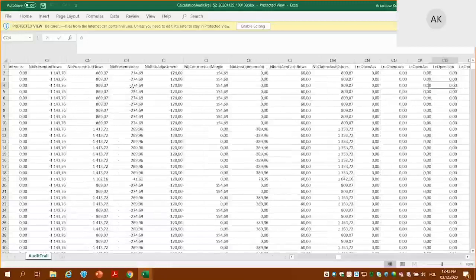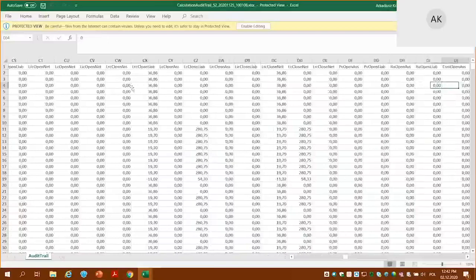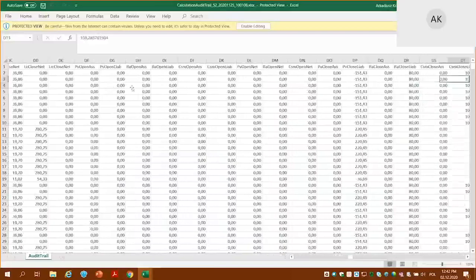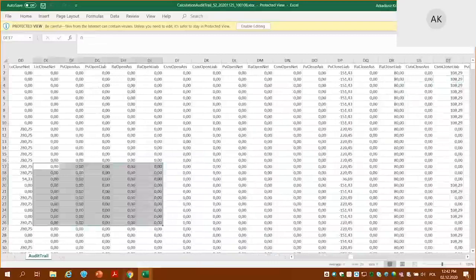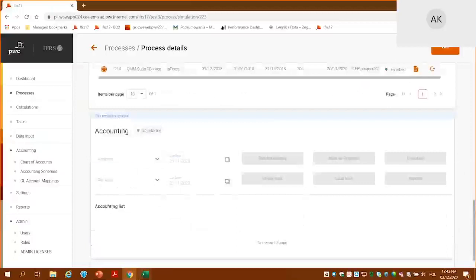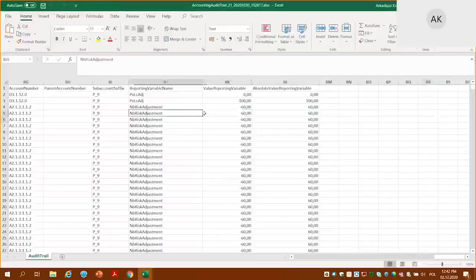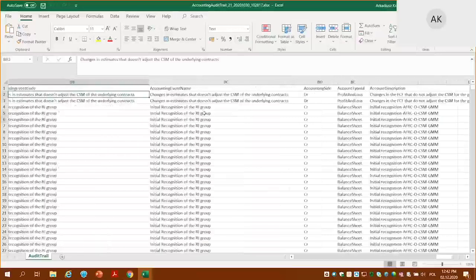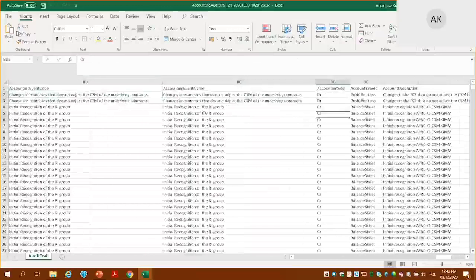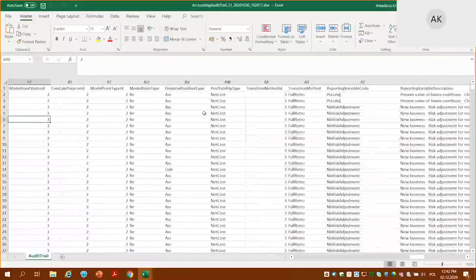You can rerun and reperform all the calculation results as you see in the calculation output, and the accounting steps are followed by the accounting audit trail, where you can have full details on the postings that are generated to your general ledger, and you can obviously preview it prior to exporting it to the general ledger.